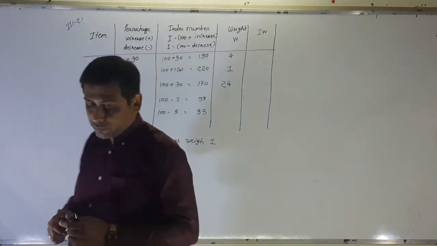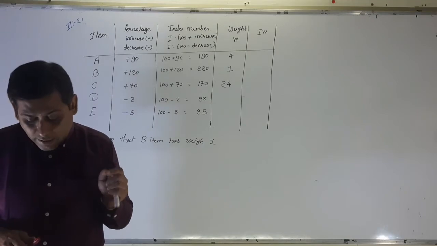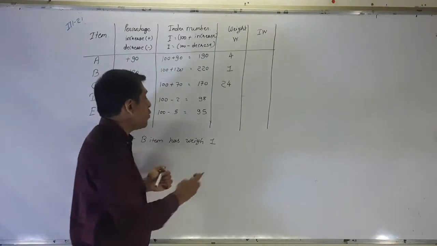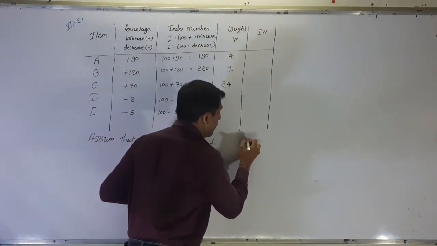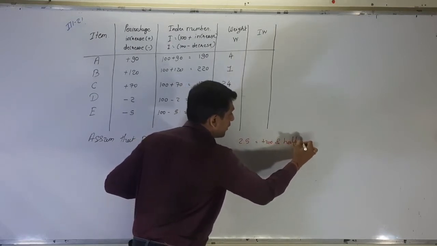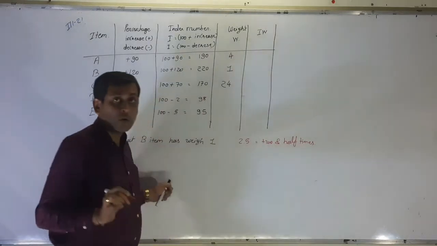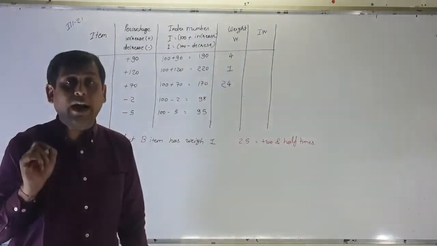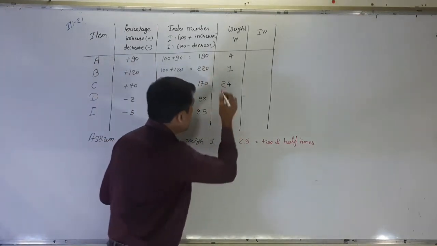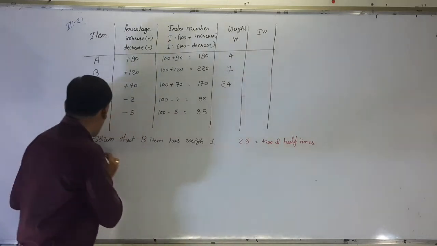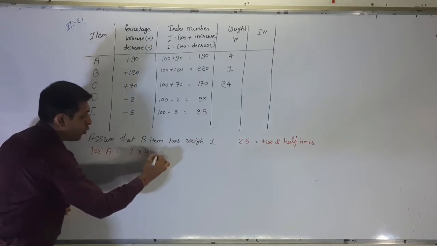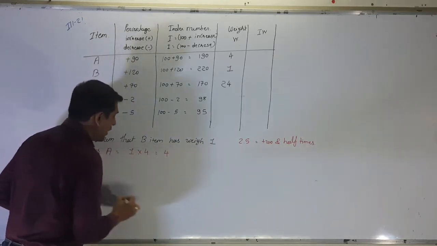So here the weight for item C is 24. Now next, the importance of items D and E is 2.5 times, that is 2.5 times of item B. Item B is 1, so 1 into 2.5. I am writing the working note here. For A, 1 into 4, 4 times of item B, that is 4.